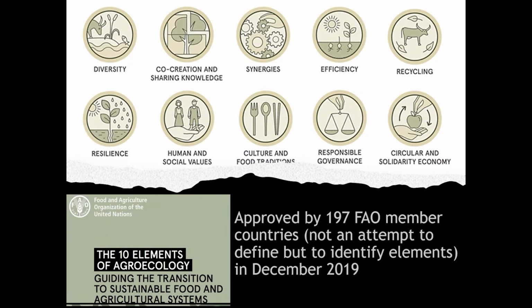And the United Nations, the FAO committee, actually 197 FAO member countries got together in December 2019 and put together the 10 elements of agroecology. And this is not an attempt to define, but to identify the elements as they put it.